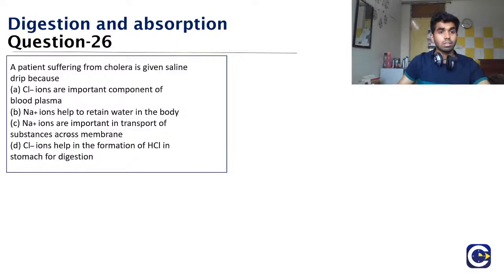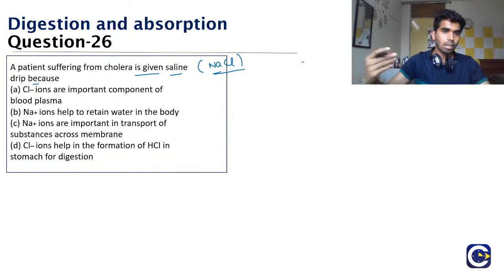A patient suffering from cholera is given a saline drip because... saline means salty, and salt means NaCl. So the saline drip that you get in the hospital is known as saline. If the patient gets cholera, why does he get the saline drip? Option A, chloride ions are an important component of the blood plasma.